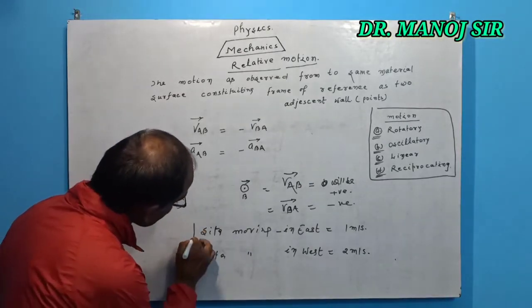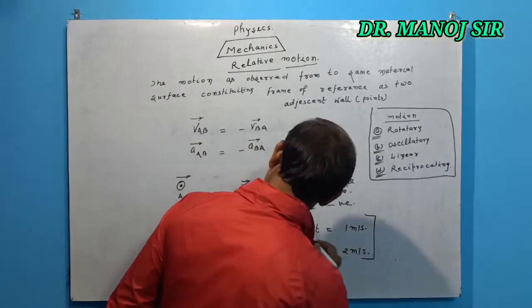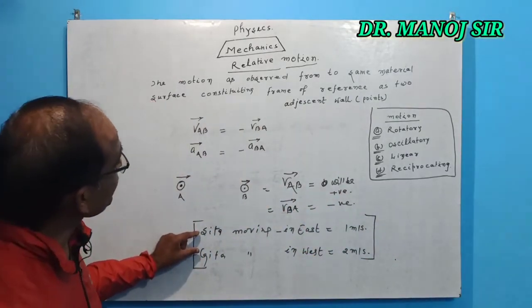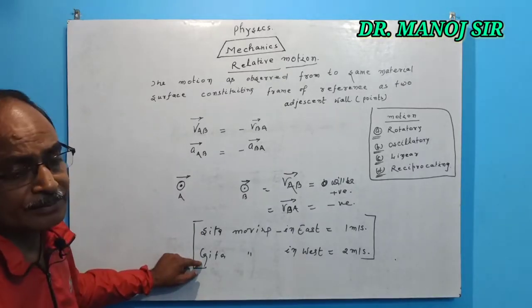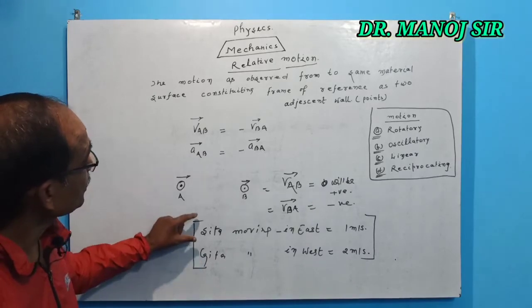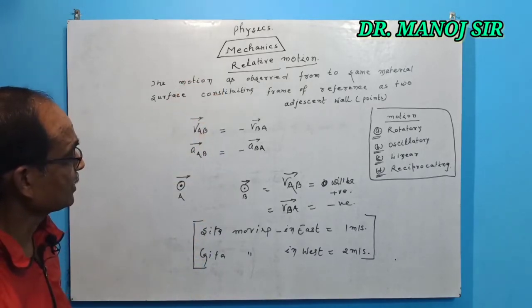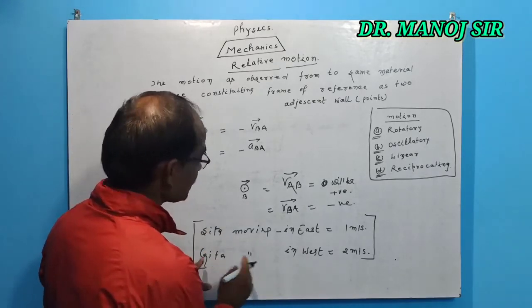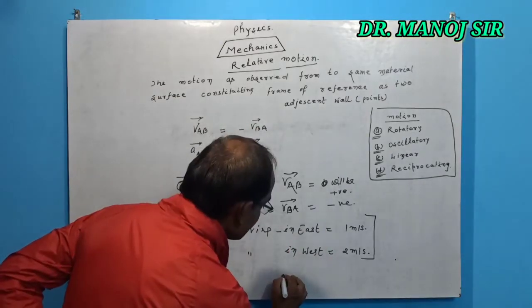In the same situation, one can find the relative motion between Sita and Geeta, because the motion is one-directional.